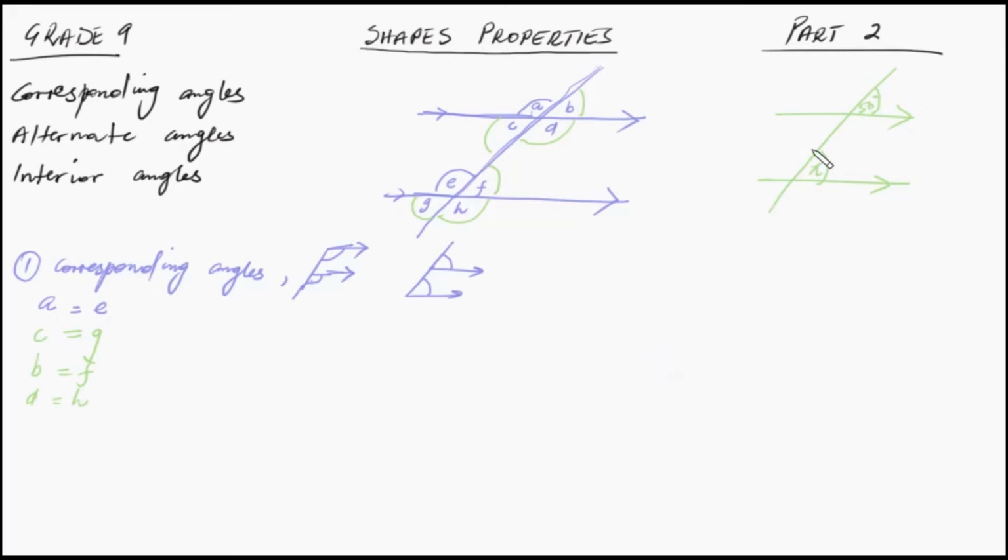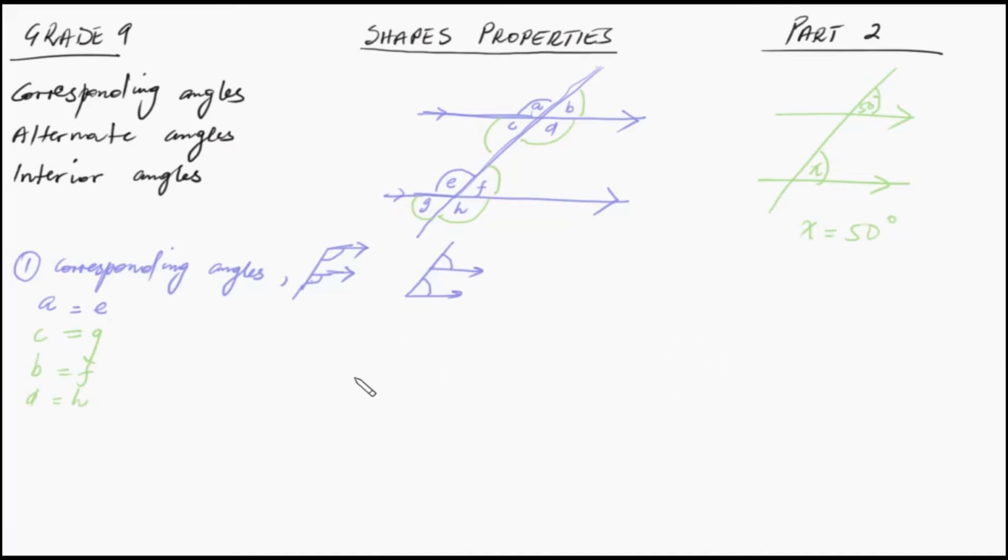There is a transversal, a line which intersects both lines. So this angle and this angle are corresponding angles because the F shape is here. So you will ultimately say x equals 50 degrees. Why? Because these two angles are corresponding and corresponding angles are equal. Simple. Okay.